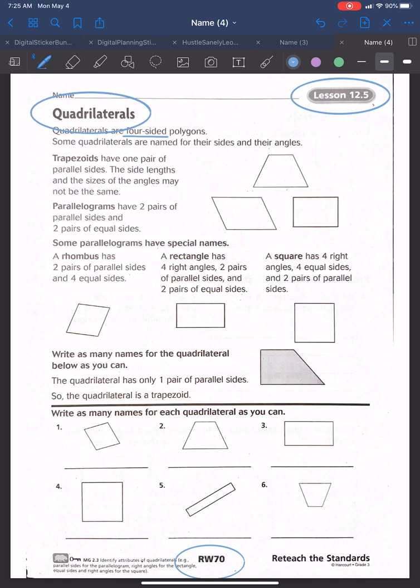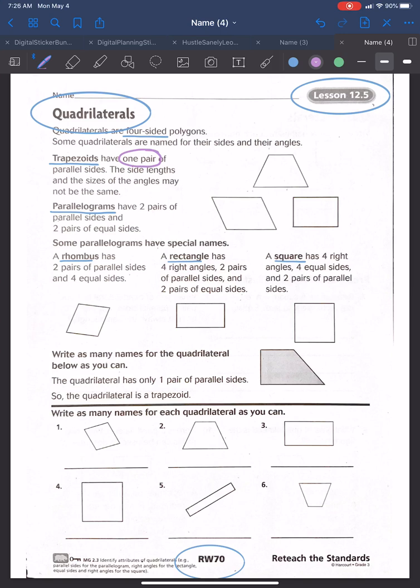The types of polygons we are going to explore today, these quadrilaterals, are named trapezoids, parallelograms, a rhombus, a rectangle, and a square. Okay, let's start with our trapezoids. Our trapezoids have one pair of parallel sides.